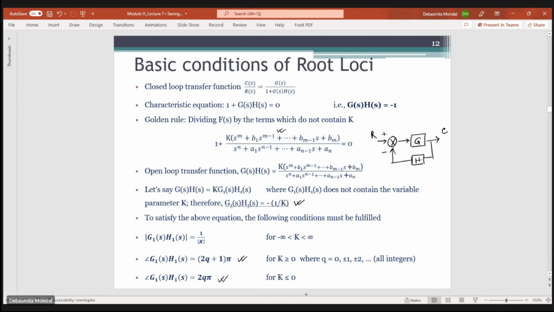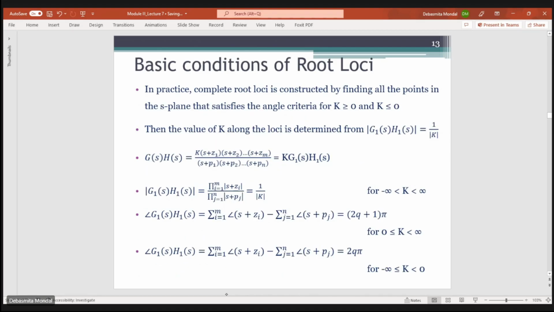If the angle condition is satisfied, then that point is a point on the root locus, and the value of K at that point is determined from the magnitude criterion: the magnitude of G1(s)H1(s) equals 1 by K. In other terms, you can simply express this open loop transfer function G(s)H(s) in a pole-zero form.